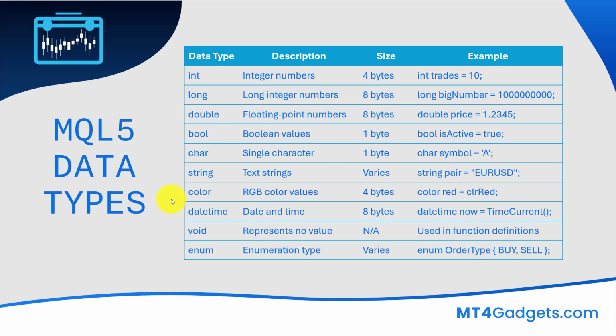Color is a specific data type in MQL, and it allows you to work with RGB color values. It's very useful when you build graphical interfaces or objects in the chart. Datetime is another very useful data type to work with date and time, and you will see that it is something that we'll probably need to work with in your programs.